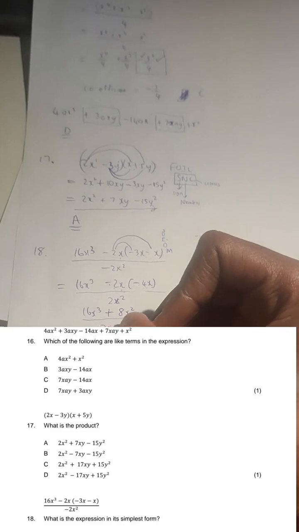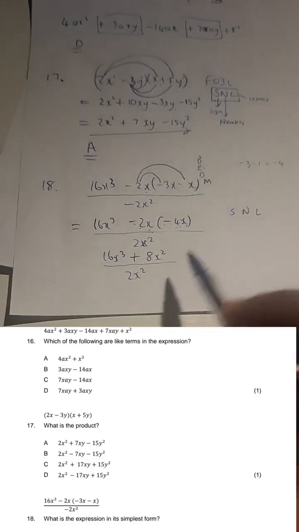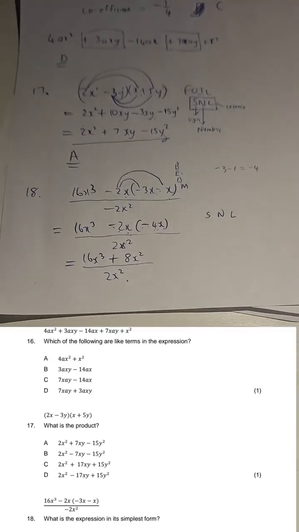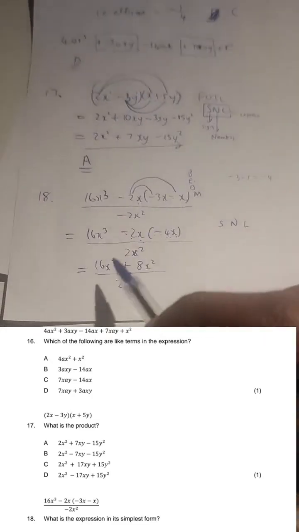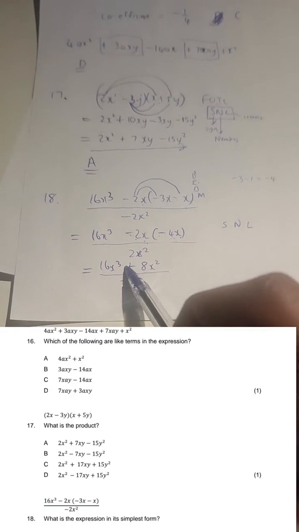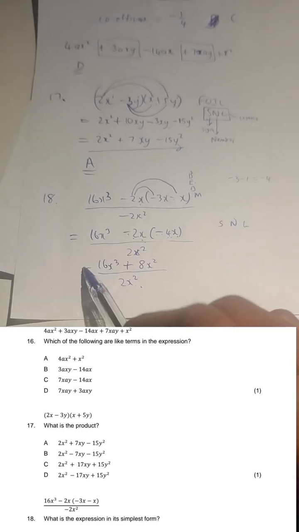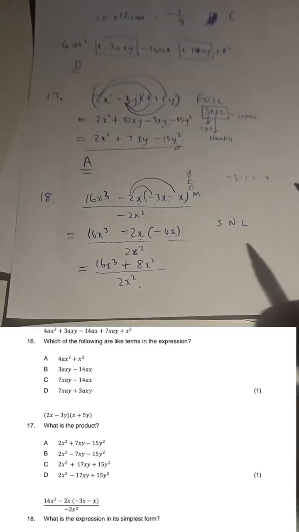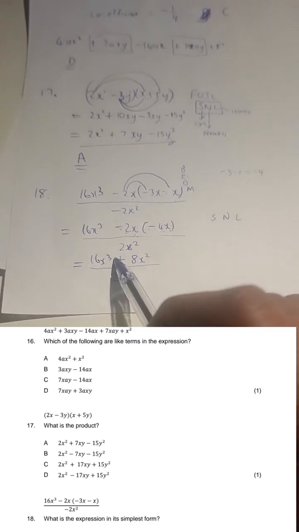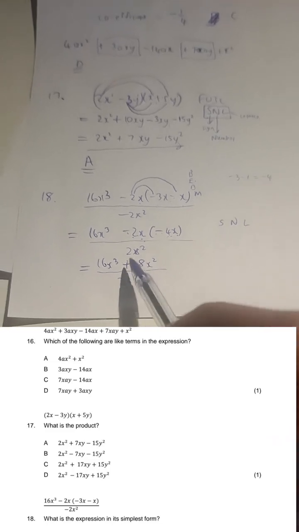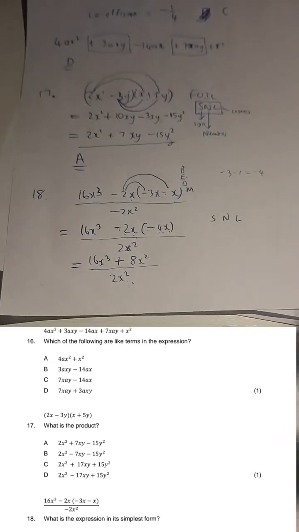Now remember, guys, there are a few ways you can do this question. It's really up to you what you decide. You can factorize the numerator, take out the common factor, and then simplify. Or you can split the numerator into its common denominator, and then simplify.